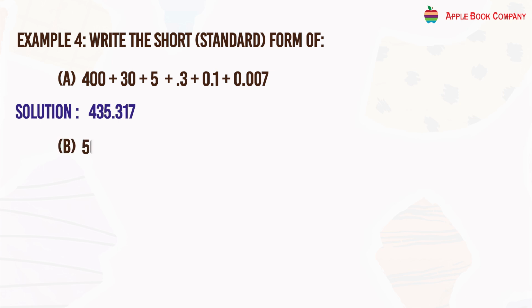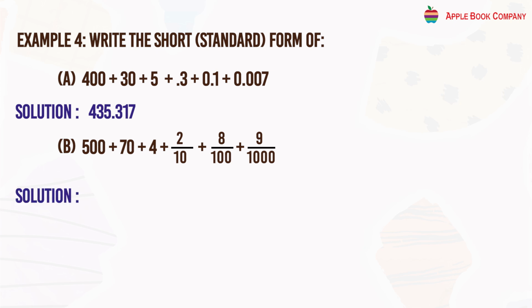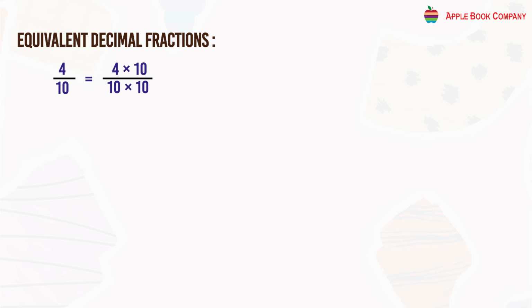B, 500 plus 70 plus 4 plus 2 by 10 plus 8 by 100 plus 9 by 1000 is equal to 574.289.